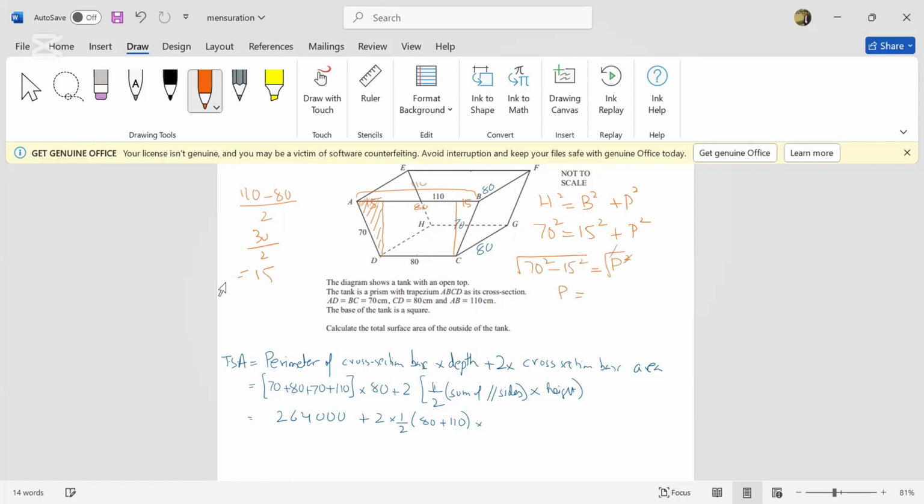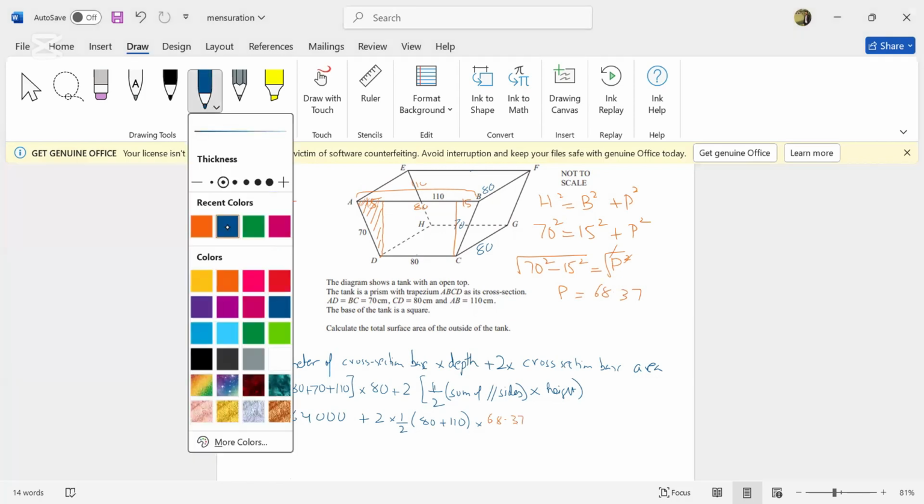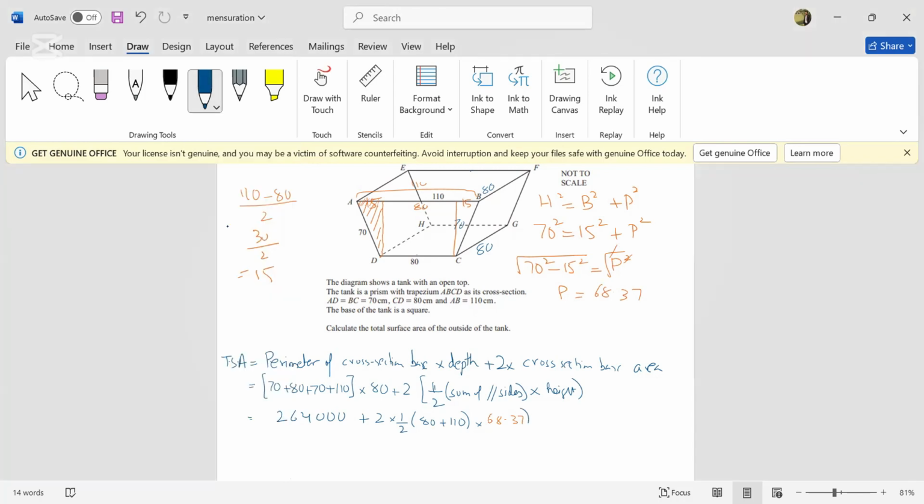We get the height with the help of our calculator: 68.37. So our height is 68.37. Inserting in the calculator, eventually we get the value 39390. Now, after doing quite a lot of working, it seems that we have got the total surface area.